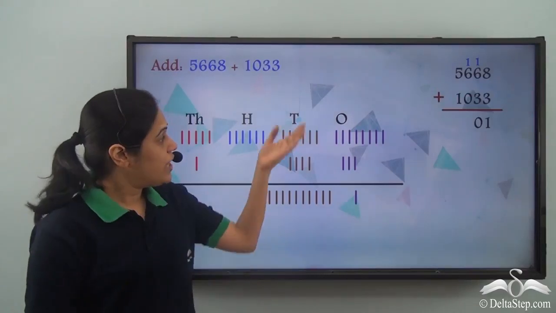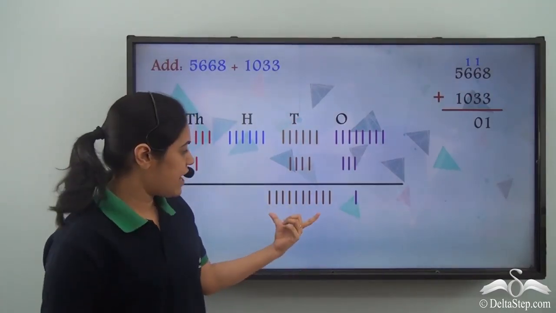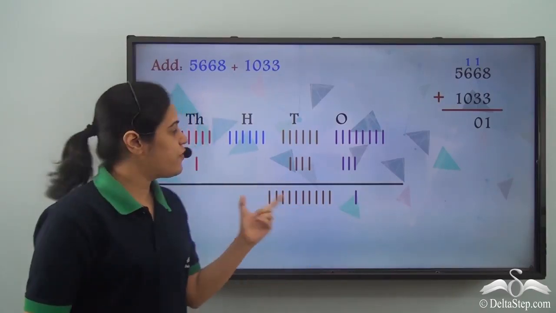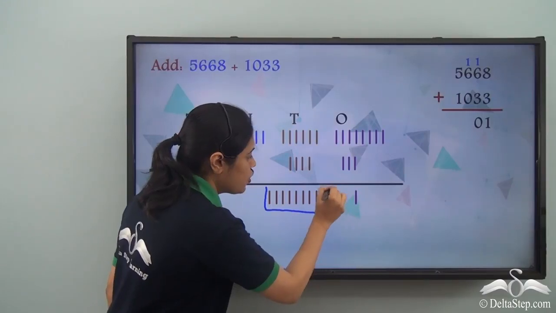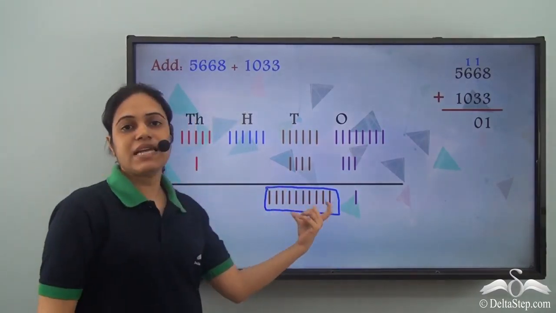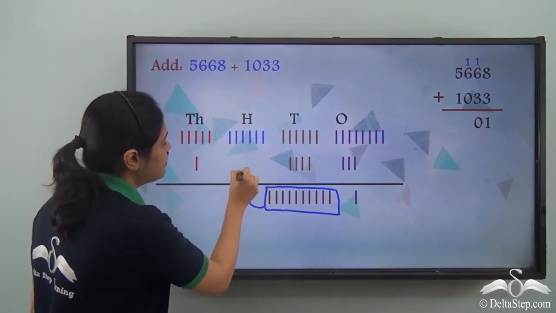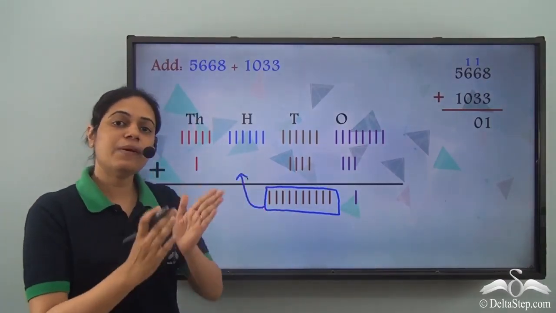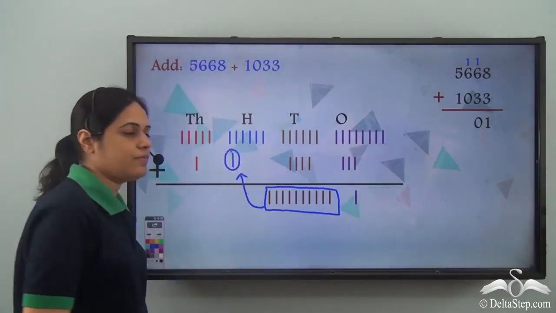But I know that a place cannot have more than 9. But we have a group of 10 here. So when I have 10, they come together as a group and they shift to the place to the left. And I have this one.